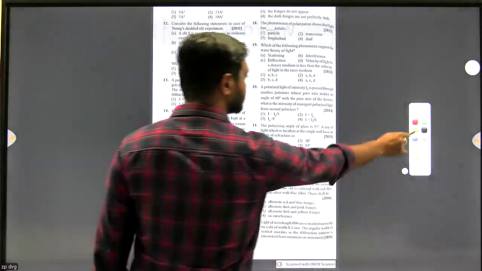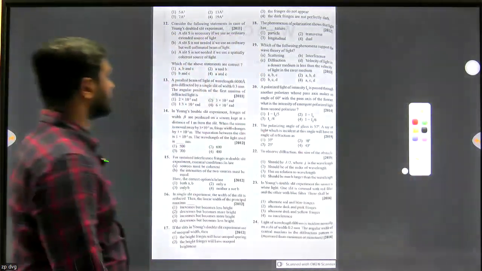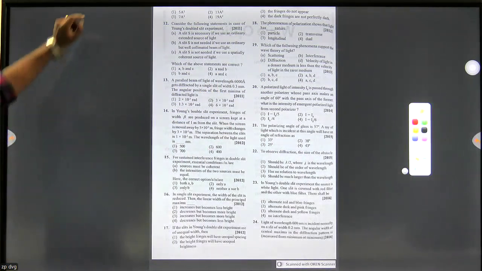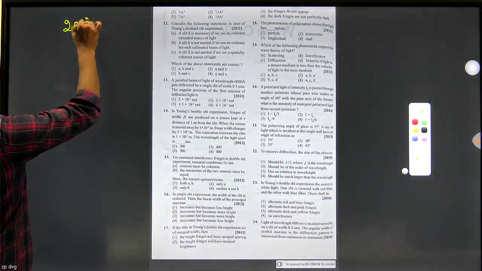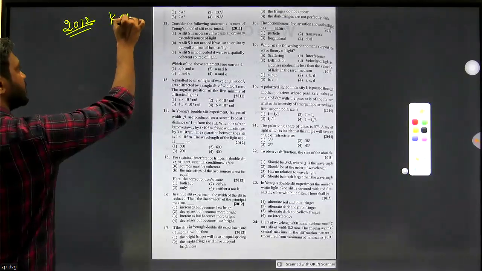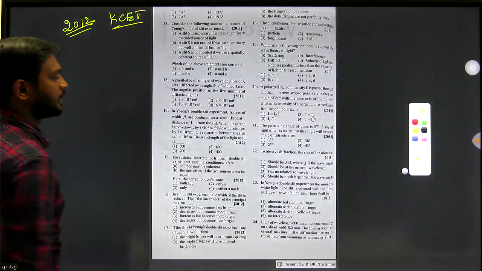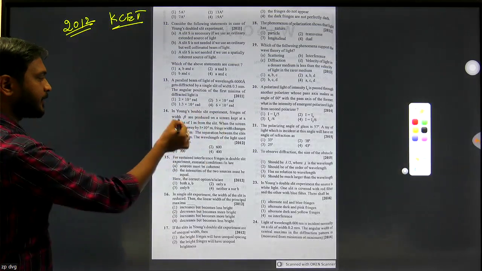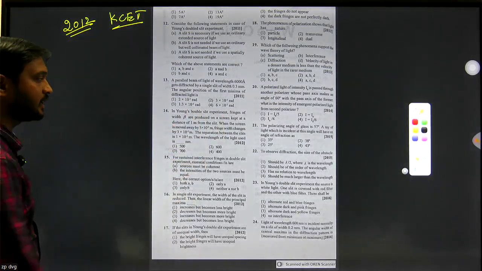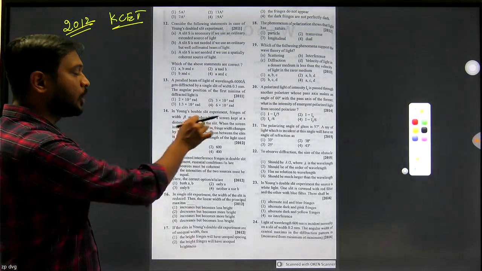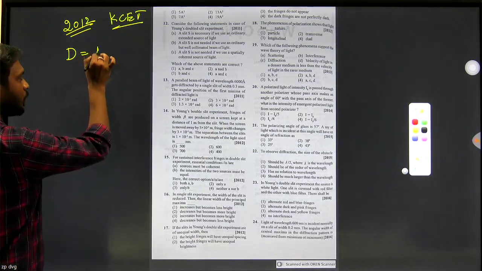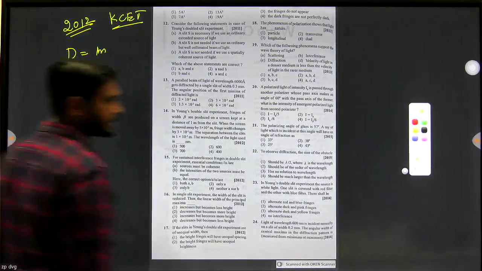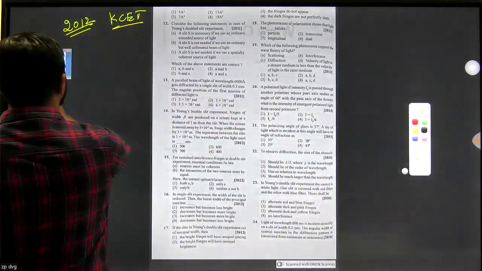So next one, question number 14, the 2012 KCET question. In Young's double slit experiment, fringes of width beta are produced on a screen kept at a distance of 1 meter from the slit. Then what is the given data? That is capital D equals 1 meter.